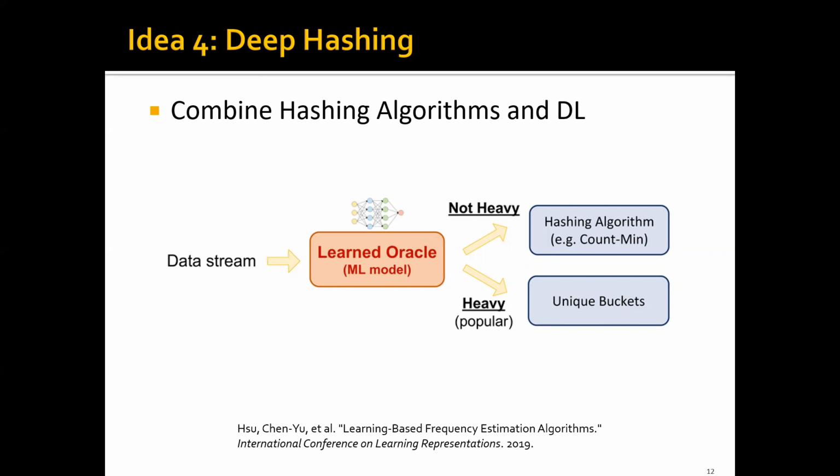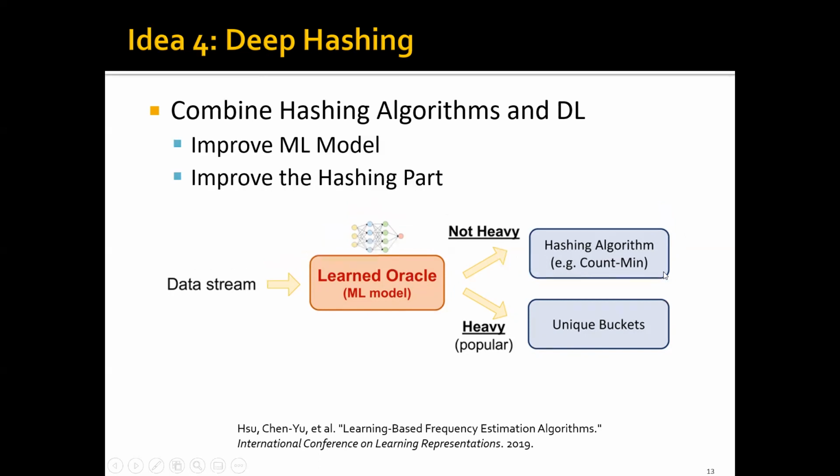And one extension of this using deep learning is that when we're trying to count some kind of object, we can have a machine learning model, for example, a deep learning model, in between, and we can classify in advance whether or not this is a heavy hitter. If it's a heavy hitter, then it's going to disturb the whole bucket. Therefore, it's best that we assign a unique bucket to this specific object, right? And if we predict that it's not a heavy hitter, then we will resort to the normal hashing algorithm. And this is one way of combining hashing algorithms and deep learning.